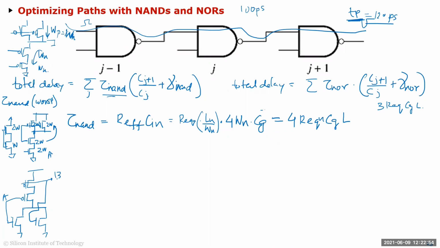This is your node B, and so sizes is going to be W, W, because in case of inverter, you have one W discharging the cap. So here you can see either this is discharging or this is discharging. So the worst case is, for worst case delay to be the same, I keep same as the inverter, W, W.